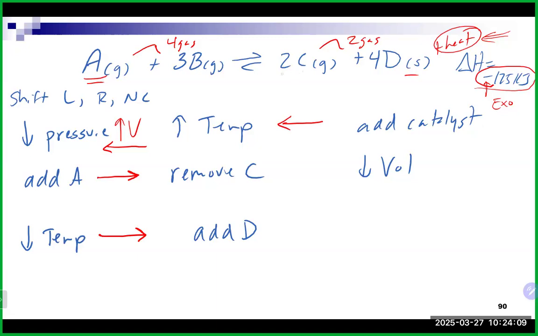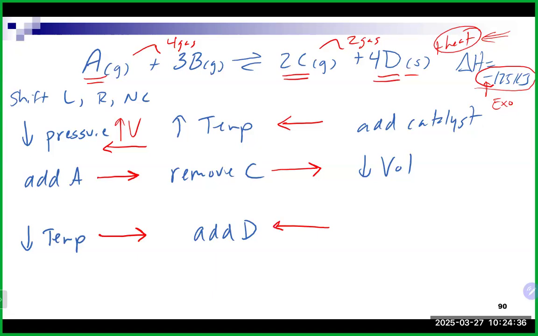Removing C, C is a product. You can think of it again as making a hole on that side, so we'll go towards it to fill the hole. Again, the real reason is as we remove the products, we now have more reactants. That's going to cause the forward direction to occur in this case. We add some D, that's going to give us more products, causing the reverse reaction, and it will shift away from where we added it.